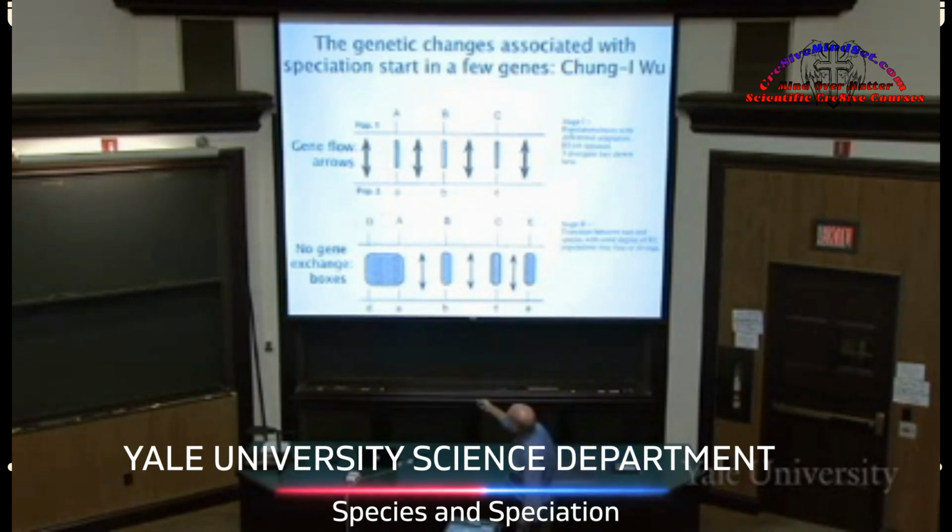But these blocks that you're seeing indicate portions of the genome where there isn't any exchange anymore. So the idea here is that the origin of reproductive isolation, if you look at the genetic level, is a gradual process. It doesn't occur all at once. It starts in parts of the genome and it continues. And while it is developing, there's still some gene exchange going on at certain loci.